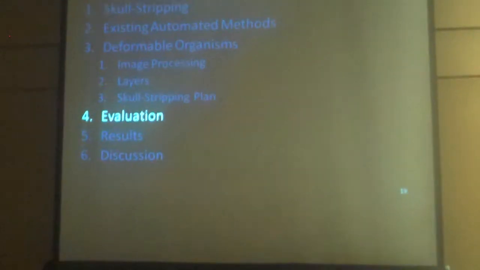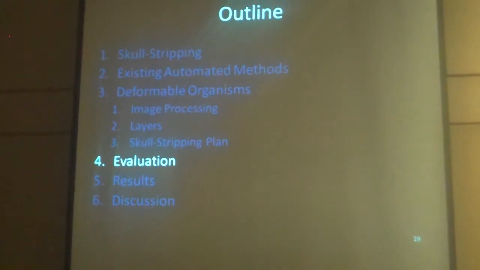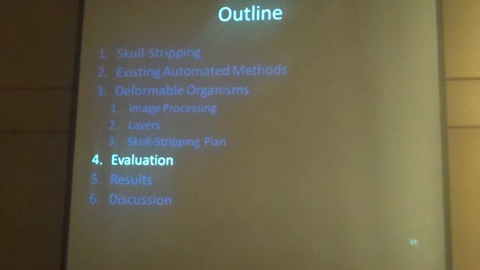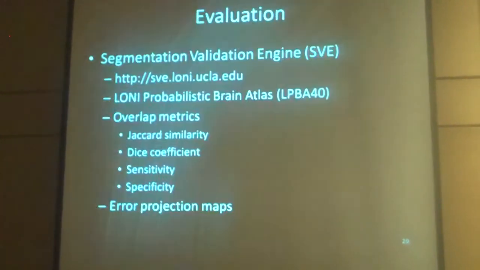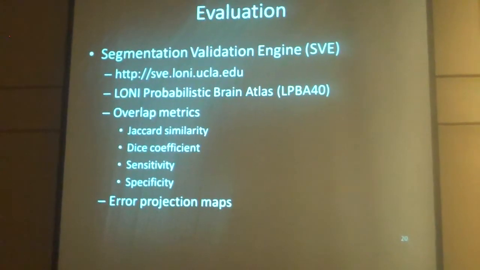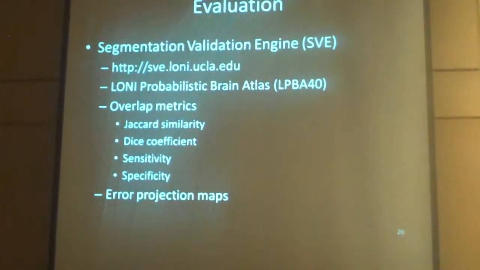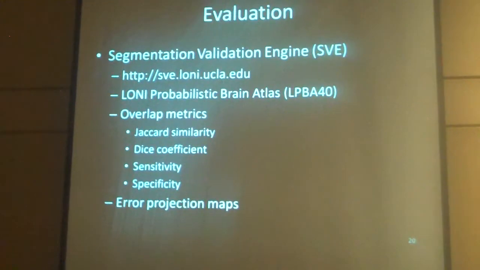Now I'll describe how we evaluate our method with 3 of the widely used algorithms: brain surface extractor, the brain extraction tool, and the hybrid watershed algorithm. We use the segmentation validation engine, which is an online tool that allows users to download 40 images from the LONI Probabilistic Brain Atlas.